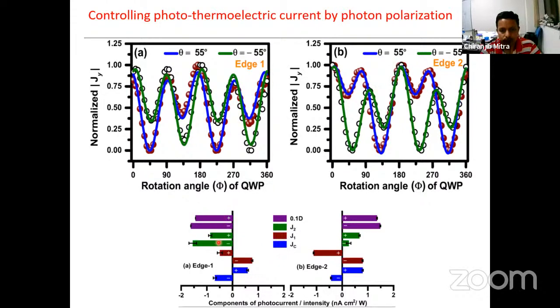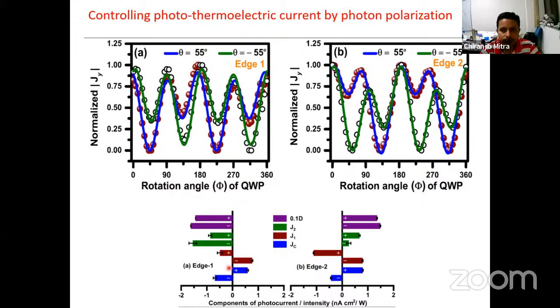However, these two don't reverse their signs, and that tells you that the origin of these two, J2 and D, and J1 and C, are different. So this is basically the surface part. This is the bulk part. Here also the same thing happens.